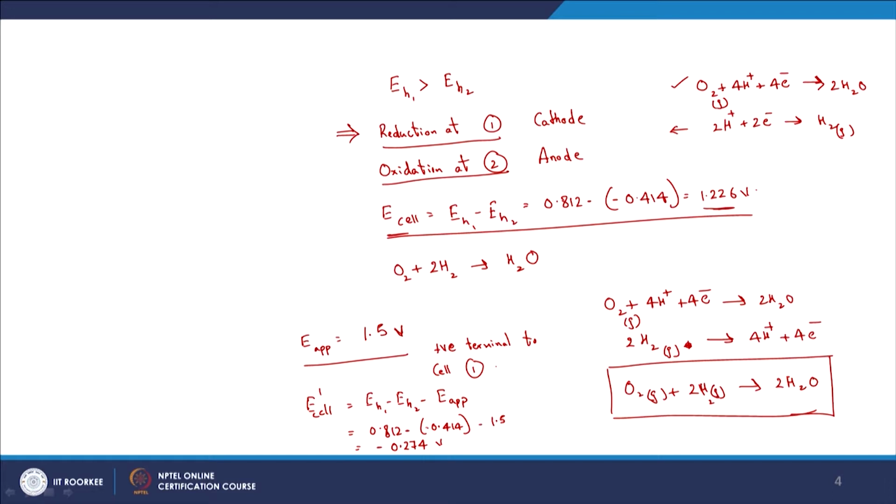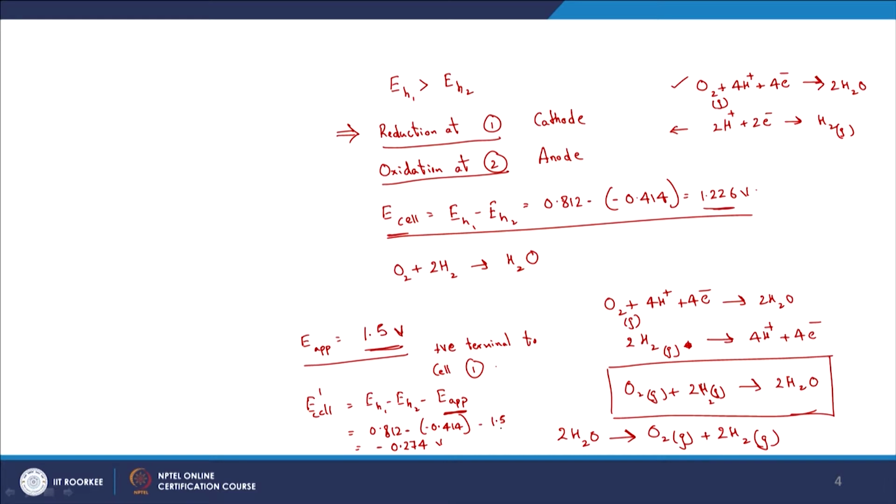So after applying this external potential, we are going to favor the opposite reaction. Now it's going to be 2H2O dissociating to form oxygen in the gaseous phase and hydrogen. How did we go about that? Because we applied an external voltage, 1.5 volts, that's greater in magnitude than delta EH.